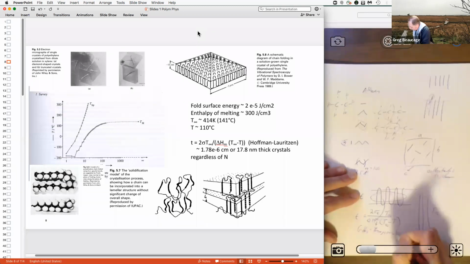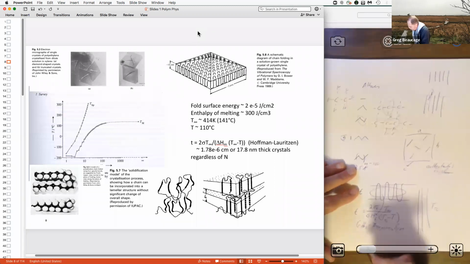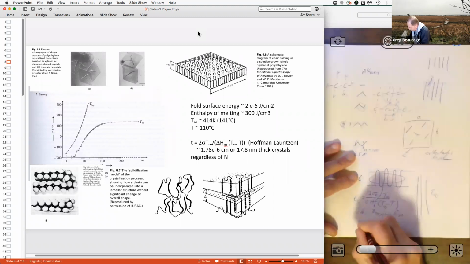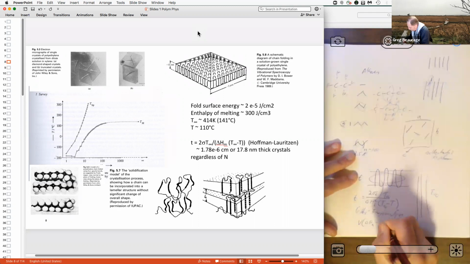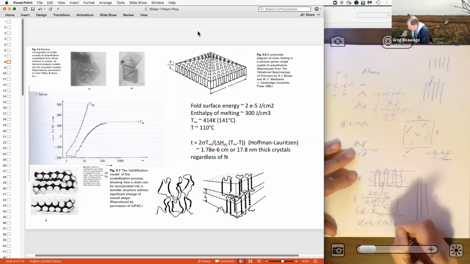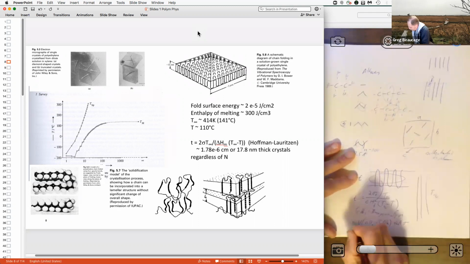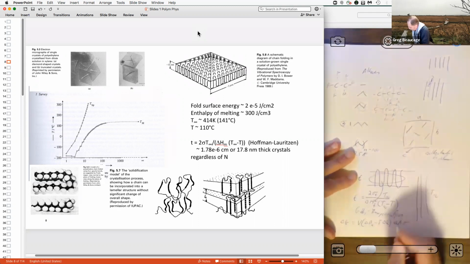You get that equation by saying you have the volume, the enthalpy of melting and the entropy of melting, and then the surface energy term times the area, and there are two surfaces, and that gives you the Gibbs energy of melting. At the melting point, you set that to 0.